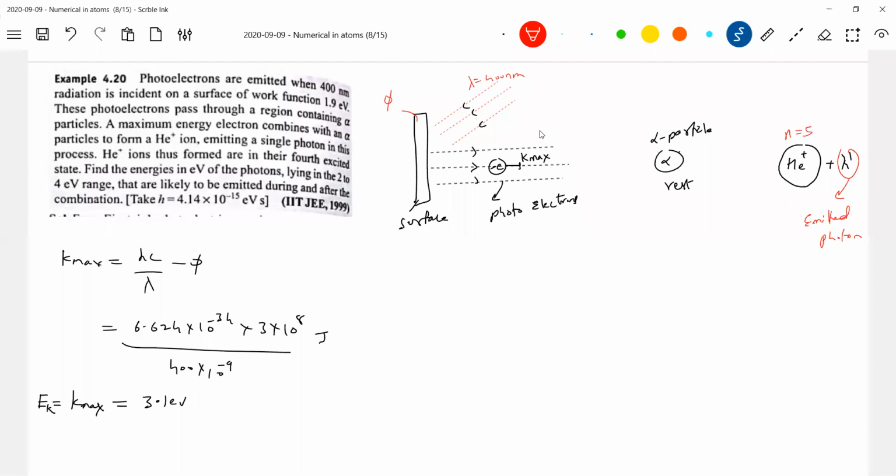What is the energy equation you are going to write? Overall energy should be conserved. Initially far away, no alpha particle, no interaction potential. So the energy equation will be: kinetic energy of the incident photoelectron, EK, should be equal to, the kinetic energy of the alpha particle, which is at rest, nothing, then it will form helium plus with energy E5, plus the energy of the photon, hc by lambda dash.